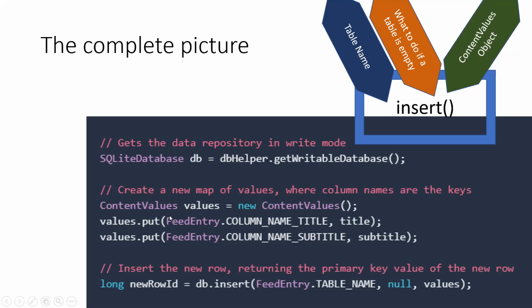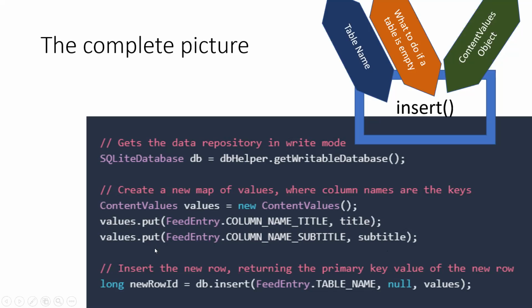Here you have entered values into it with values.put. You specify the name of a column, and then the title. Title is a variable which contains the value that you want to put, and subtitle is another variable that contains the value you want to put as a subtitle. FeedEntry dot column name title is the key.